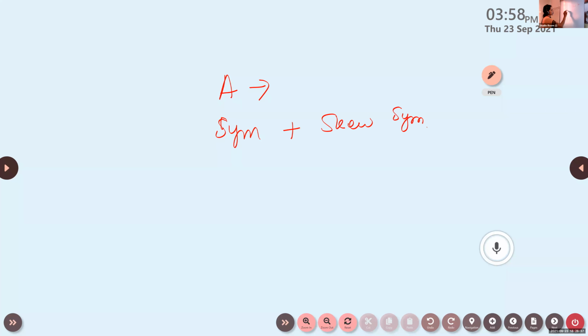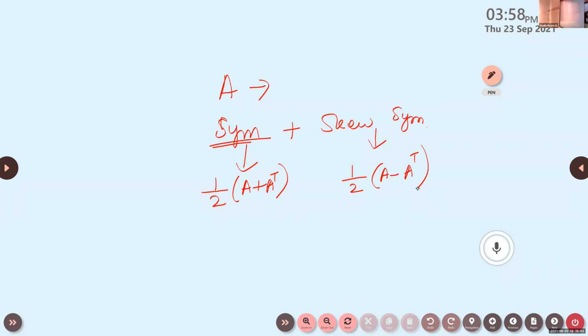The symmetric matrix is given by half of A plus A transpose, and the skew symmetric matrix is given by half of A minus A transpose. Okay.